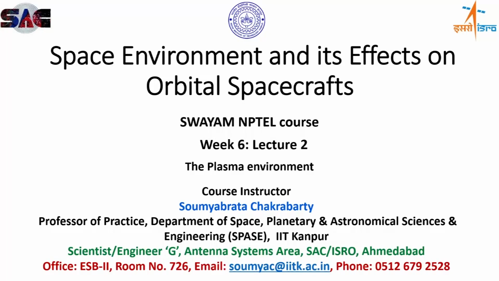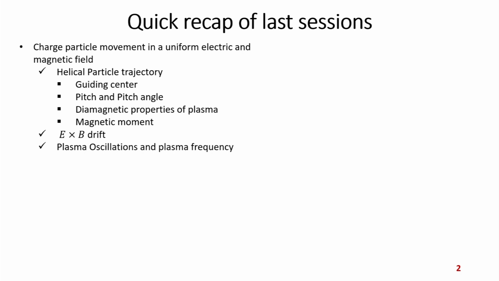So, these days we are discussing the basics of plasma physics, and in this regard we have seen how the electric and magnetic field influence the motion of the plasma particles.